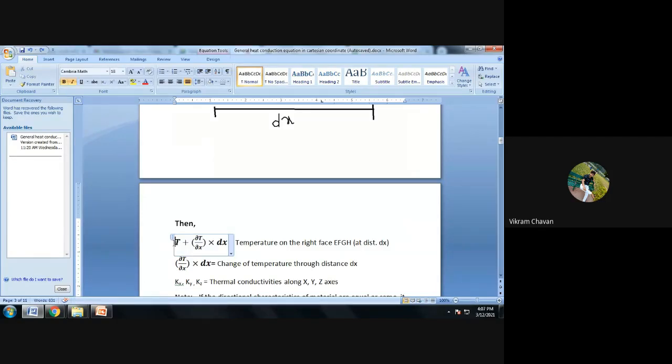So we have to consider T plus ∂T/∂x, which is a small incremental change or decremental change.